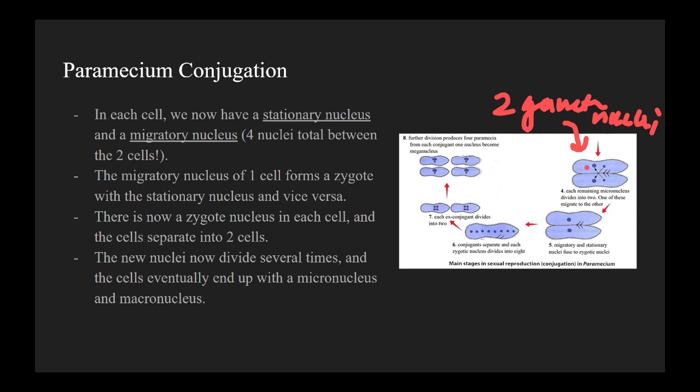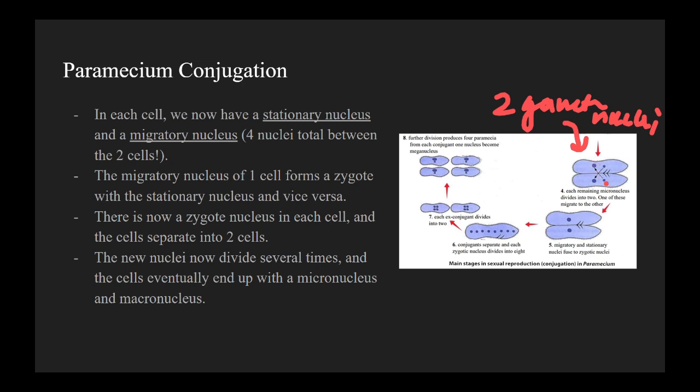So like I said, it's an asymmetric division, which means that one is going to be bigger than the other. So we call the bigger one the stationary nucleus, and we call the smaller one the migratory nucleus. So what's going to happen is that the migratory nucleus of one cell will go to the stationary nucleus of the other cell.